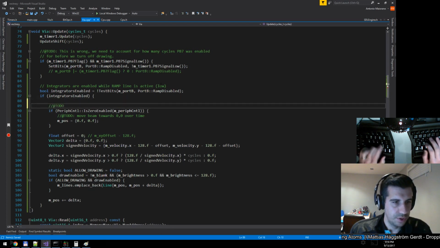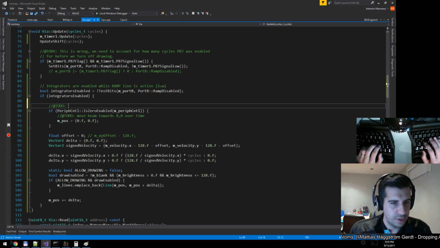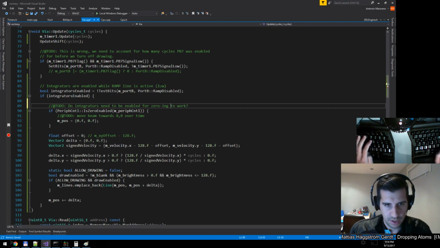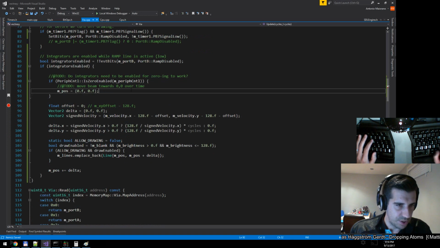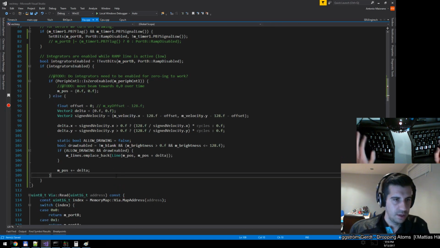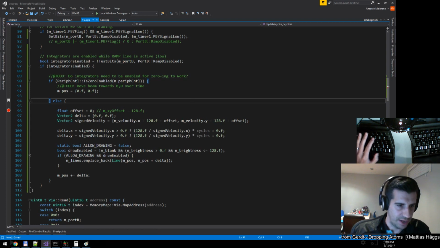And another to-do: do integrators need to be enabled for zeroing to work? So I guess we'll see about that. Now, if we do the zeroing here, we don't want to do the rest. Okay, so let's say it's like this for now.